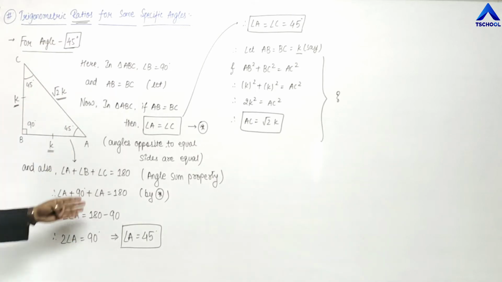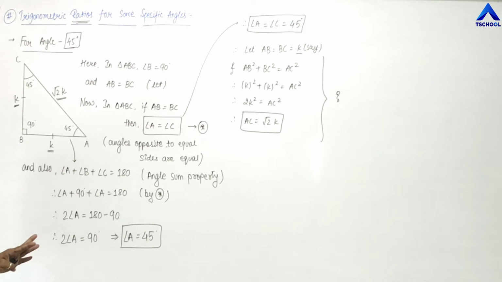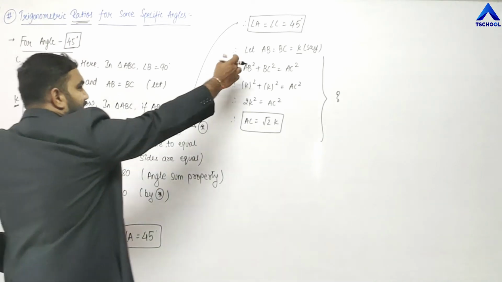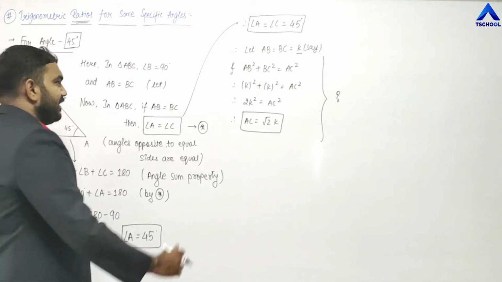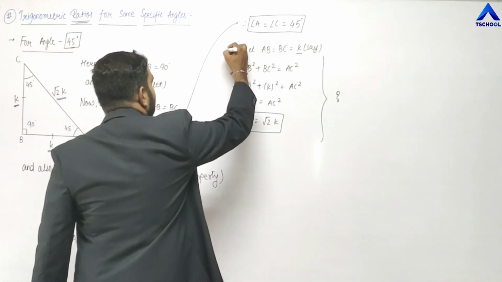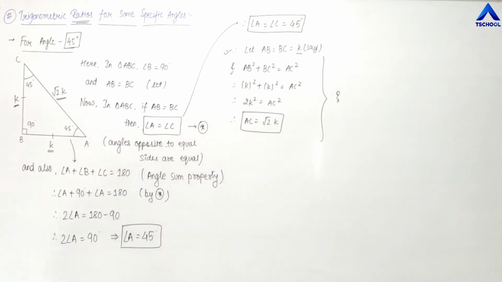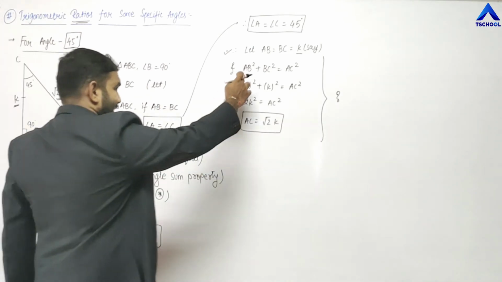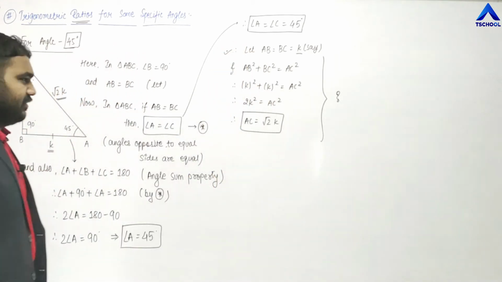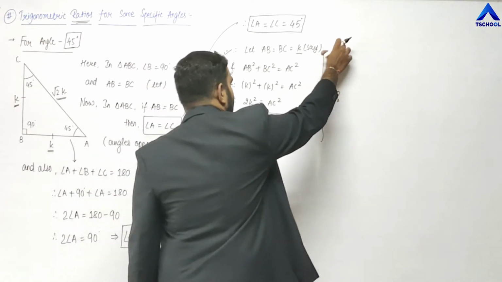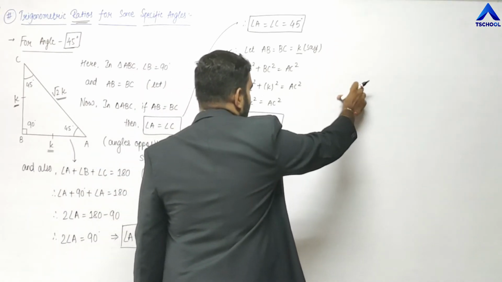So for that I have simply carried out the derivation here, and then we started with let AB equals to BC equals to K. So our actual derivation starts from this part. And in the right angle triangle, AB square plus BC square equals to AC square. So here, friends, AC equals root 2K is the hypotenuse that we have got.